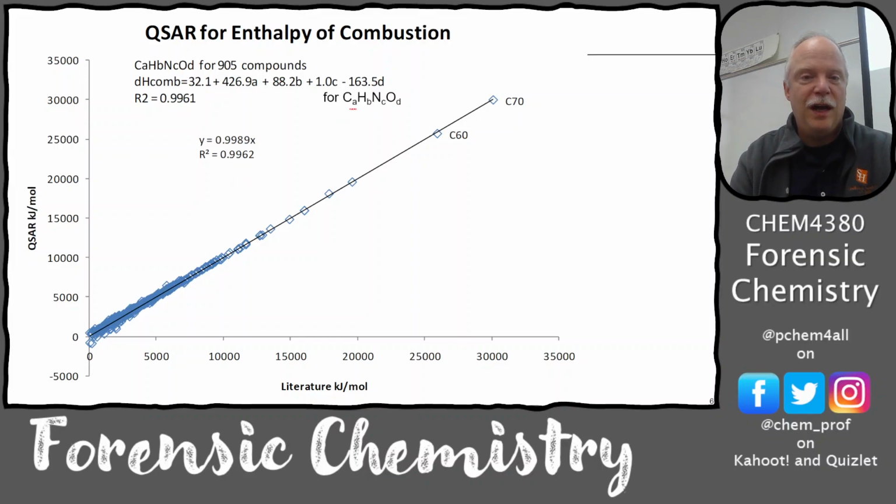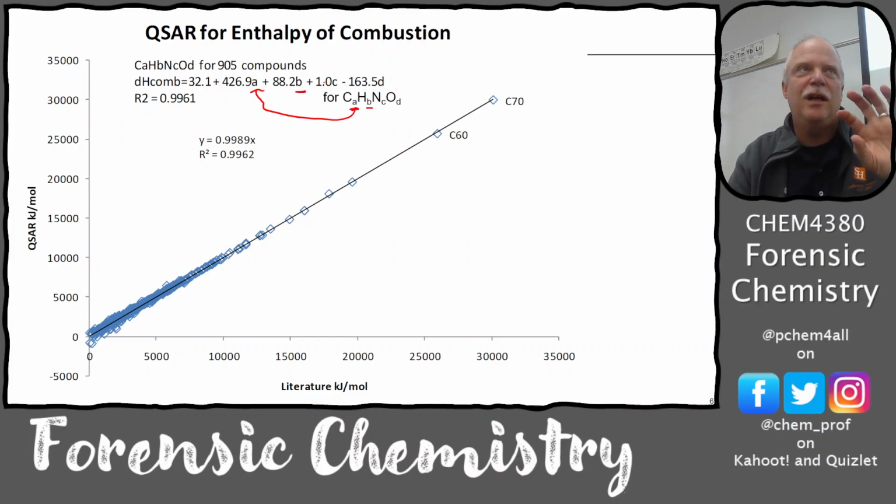So whatever A is, the number of carbons, I multiply that number by 426.9. And B, the number of hydrogens, I multiply by 88.2. Nitrogen, I probably should just exclude it from the model because its p-value was too high. But basically I have a 1.